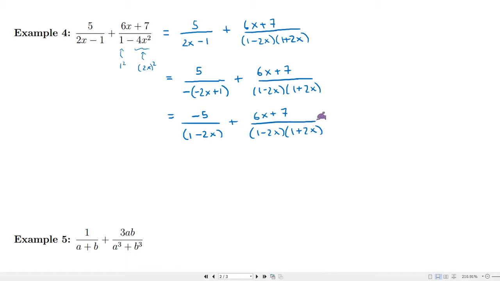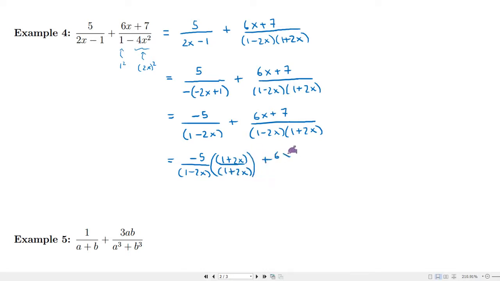Okay, so what would the least common denominator be? Well, this first fraction is just missing in the denominator the 1 plus 2x. So let's make that appear. We would do negative 5 over (1 minus 2x), and we will multiply by (1 plus 2x) divided by (1 plus 2x).